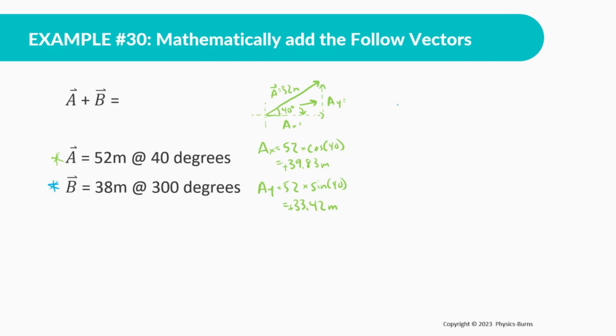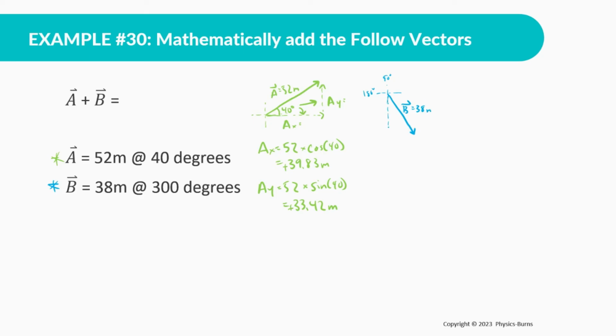And now let's find B. 38 at 300 degrees. So first, I want to think generally about what quadrant that is. 300 degrees. So again, this is 90, this is 180, this is 270. So 300 degrees is going to look something like this. I'm going to erase this 270 because it's just going to get in the way. But what I should know is, so this is B, 38 meters.